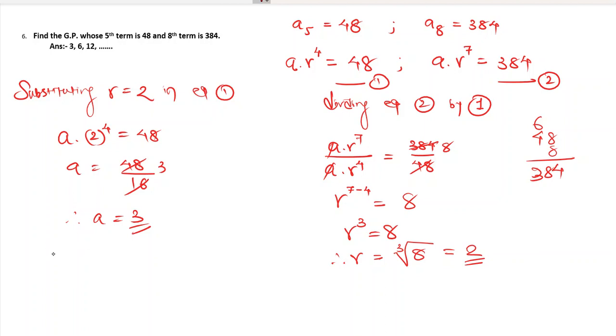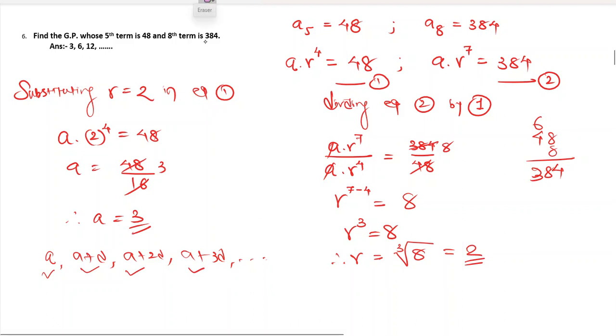See, in AP you have studied, just recollect, the sequence as A plus D, A plus 2D, A plus 3D, and so on, right? This is the first term, second term, third term, fourth term, and so on. In GP also there is a sequence.